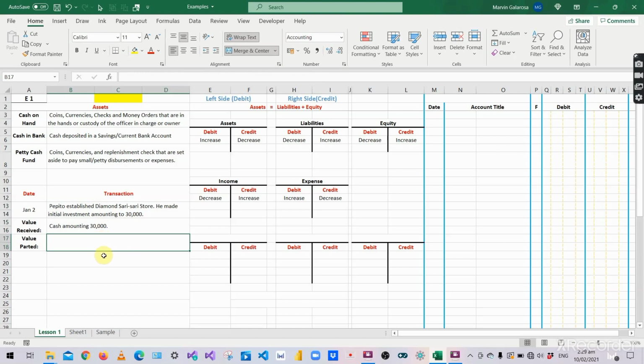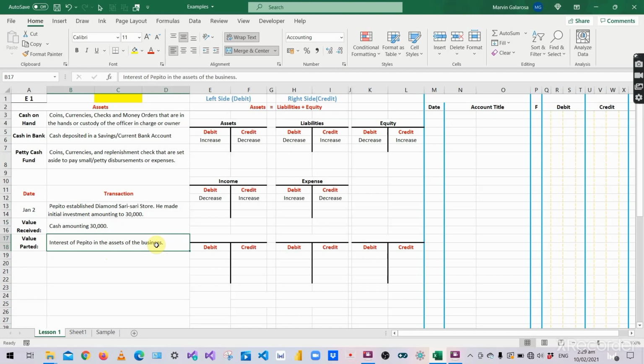Yun naman yung interest ni Pepito, interest of Pepito in the assets of the business. Ano yung tinutukoy natin na interest ni Pepito sa assets ng business? Yun yung kanyang equity. So, yung equity na yun amounting din to 30,000 pesos.